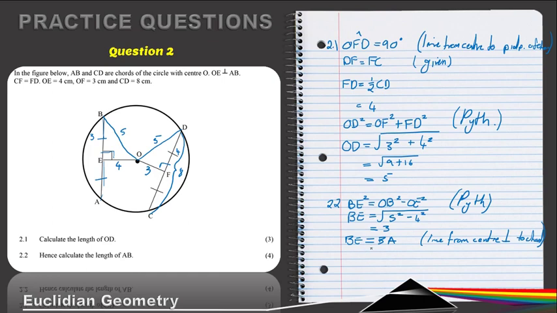Okay, so if that's equal, then that means that this BA will be twice BE. So BA is equal to 2BE, and that's equal to 6.